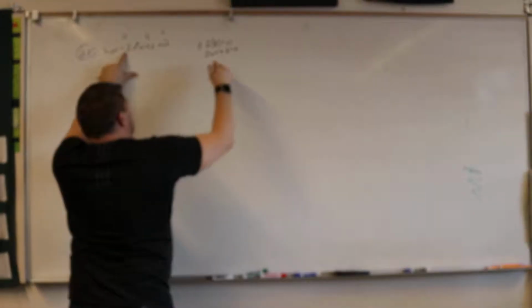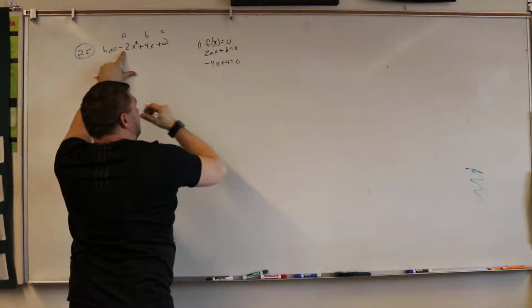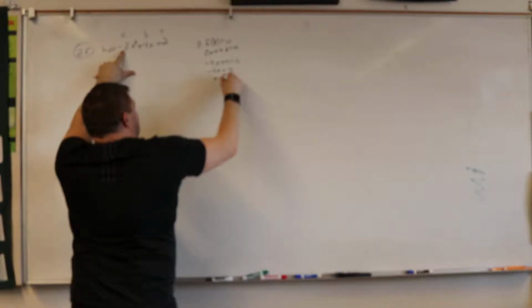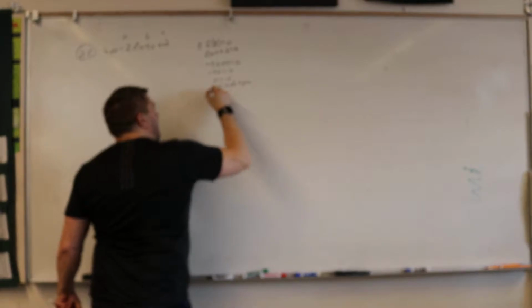So 2 times negative 2, this is squared by the way, is negative 4x plus 4 equals 0. So negative 4x equals 4, which means x equals negative 1. That is your axis of symmetry.